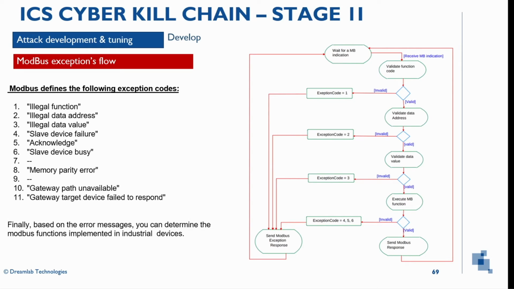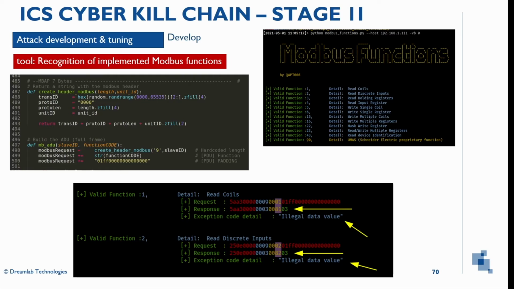Based on the error messages, it is possible to determine the existence of the implemented function, and this is very useful for building better attacks. It should be considered that an enabled Modbus function is always a possible attack vector. With this knowledge, it is possible to build a tool that can list the implemented functions.